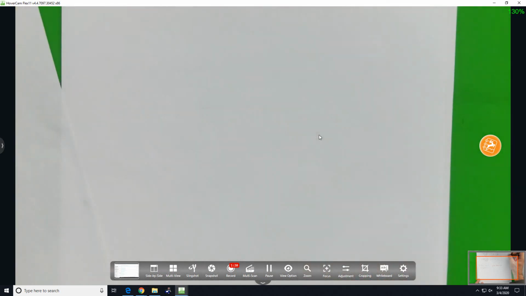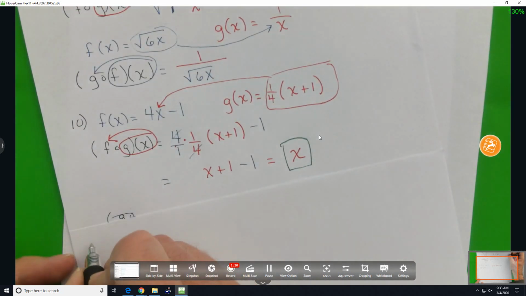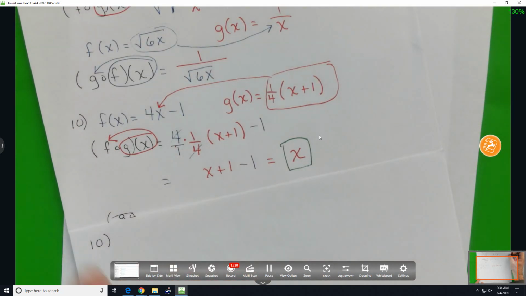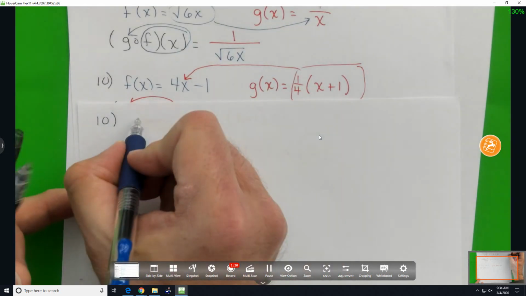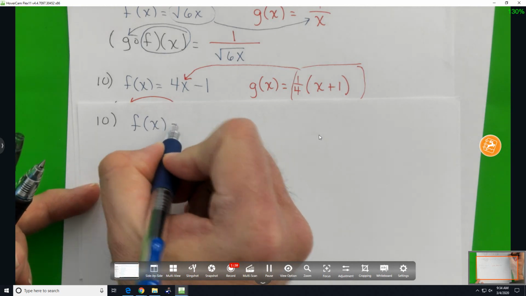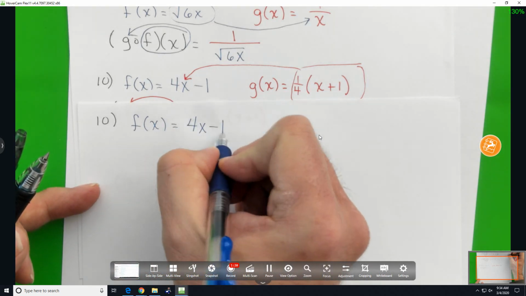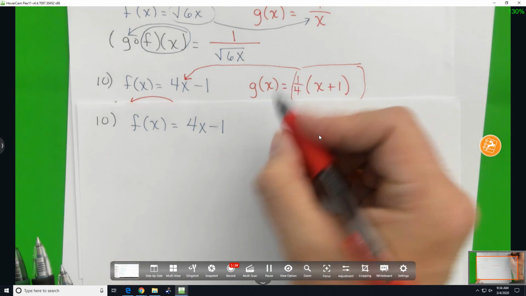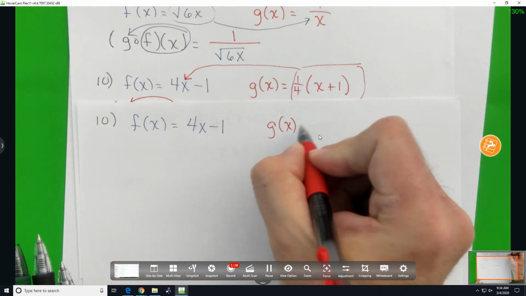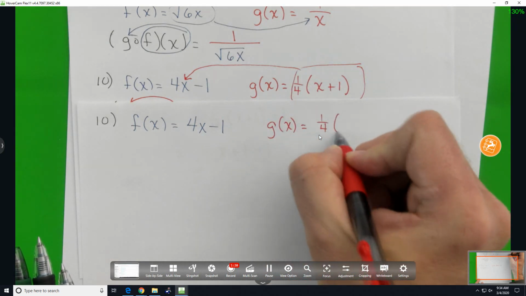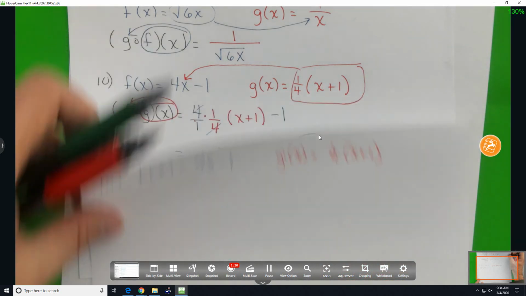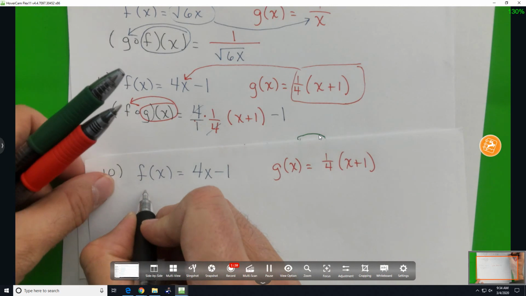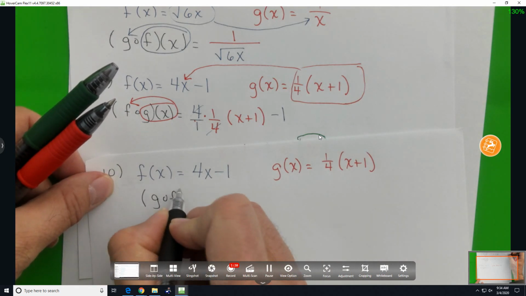And since I'm so close to continue number 10, I'm going to recopy the problem just so that I don't have all those arrows already drawn. f of x is 4x minus 1. g of x is the red 1/4 x plus 1. Which one are we doing this time? We've already done f composed with g, so we're doing g composed with f.